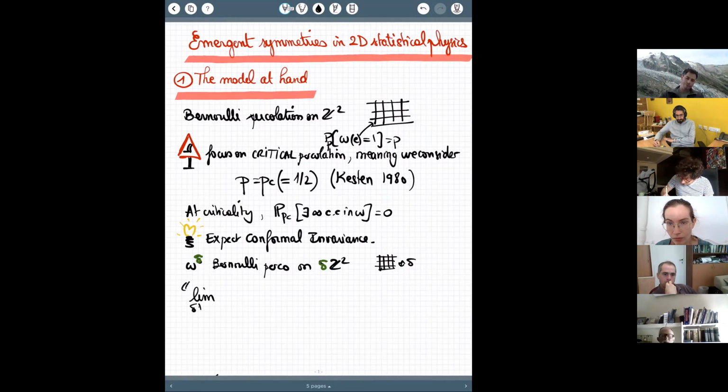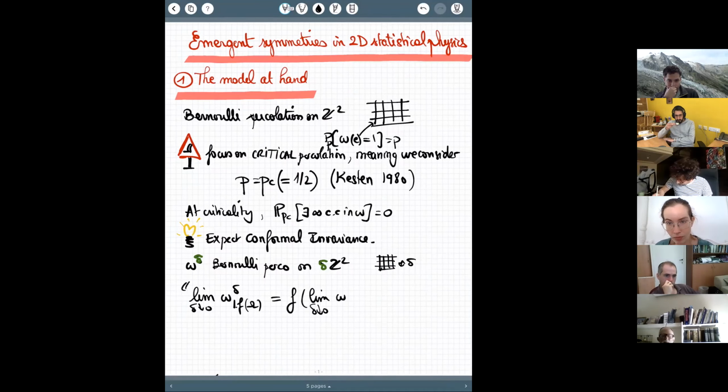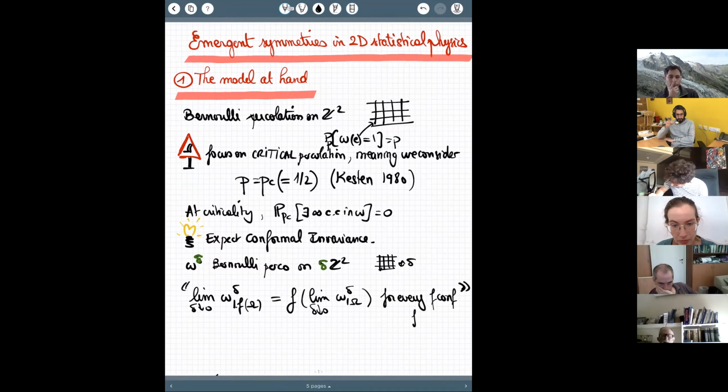The limit when delta tends to 0 of omega delta restricted to a domain f of omega is the same as f of the limit when delta tends to 0 of omega delta restricted to omega, for every f conformal, for any map which is a conformal map, so a one-to-one holomorphic map, say, for instance, conformal from omega to f of omega.